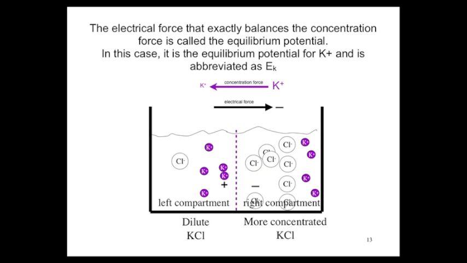The electrical force that exactly balances the concentration force is called the equilibrium potential. In this case, it is the equilibrium potential for potassium and is abbreviated as EK.